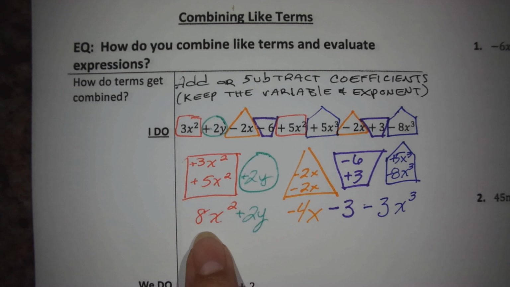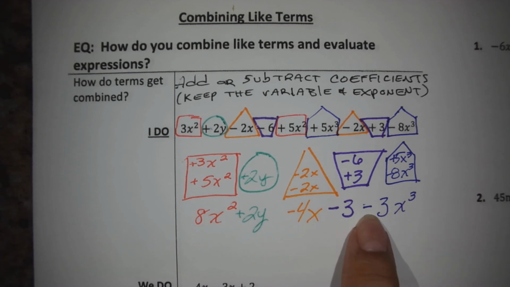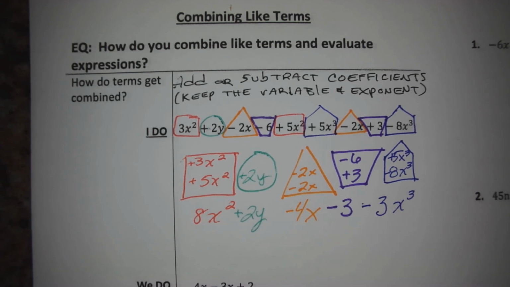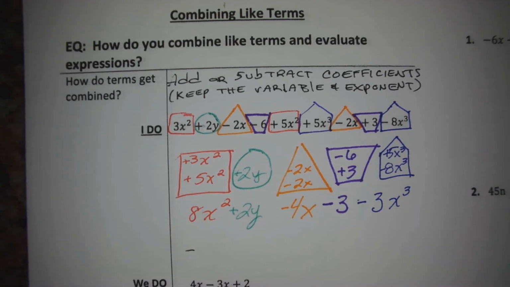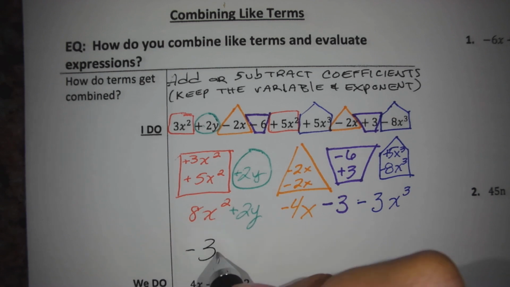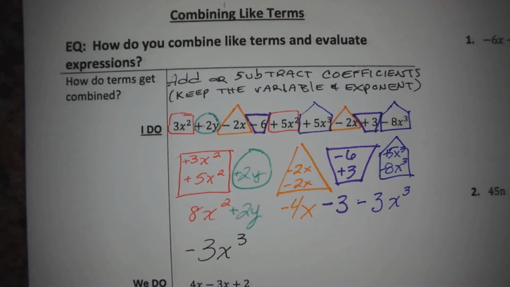We're going to put these in alphabetical order. Oh my God, I had a hard time saying that. So we're going to put them in alphabetical order and use the exponents to guide us. So the first one that needs to come up is this negative 3x cubed, sorry.